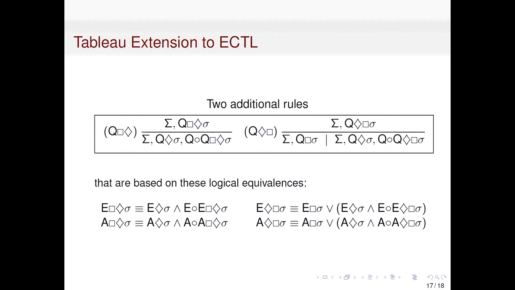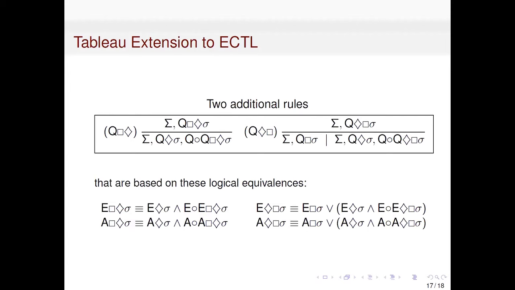Now to tackle the extended CTL, we add two rules, and you can see they deal with the fairness that is the essence of the logic ECTL. So take the left-hand side rule. It says that you've got the context sigma, you've got that Q stands for the path quantifier again, you've got the formula that expresses the fairness.